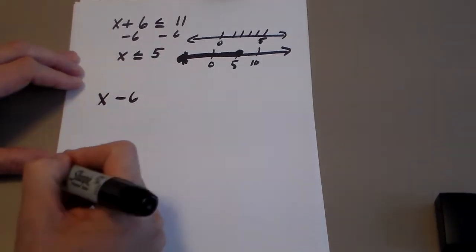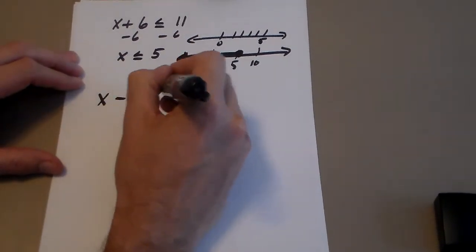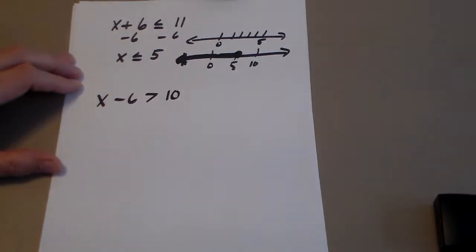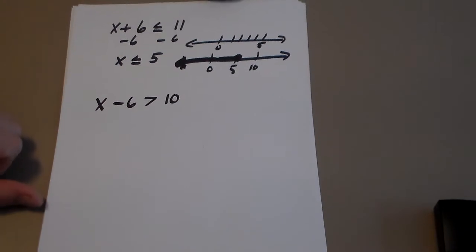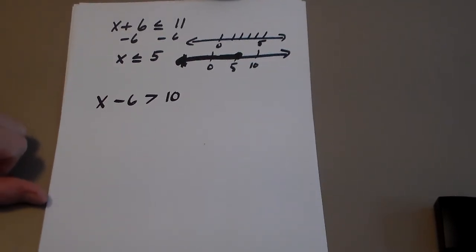X minus 6 is greater than 10. So we look at this one and we say, okay, what do I have to do to get that x by itself? And it's got a -6 there. So I want to get rid of that -6.